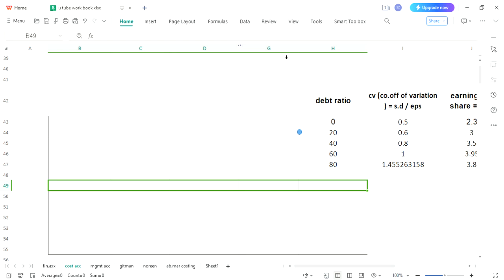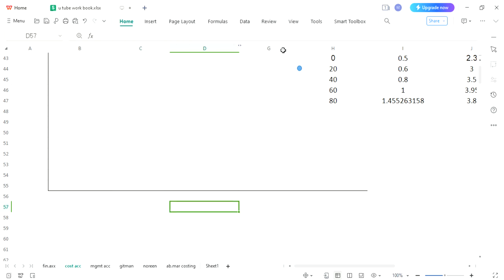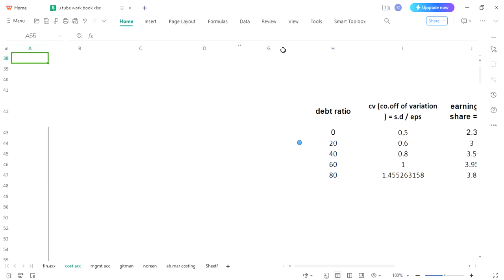Your debt ratio would be posted over the x-axis as usual. Here you will write your debt ratio at x-axis. On y-axis, you can put your coefficient of variation. So coefficient of variation would be posted over here.